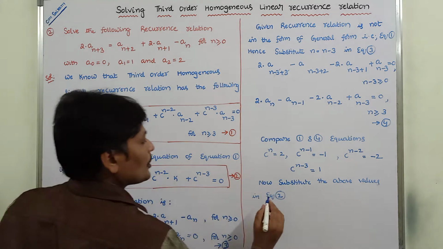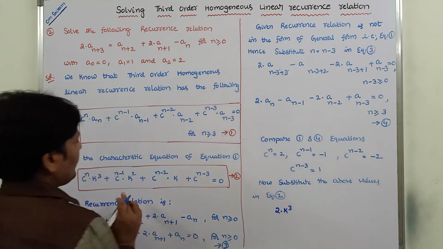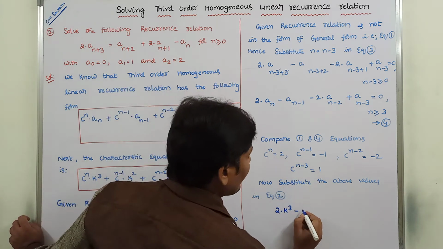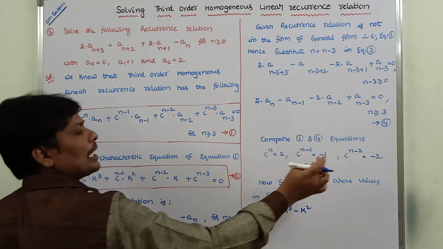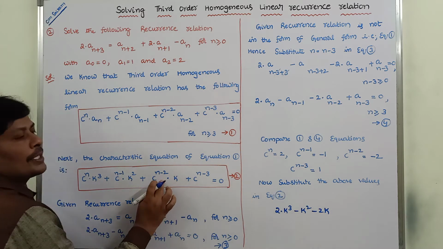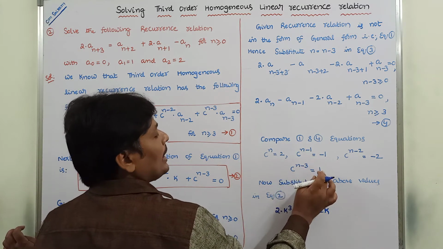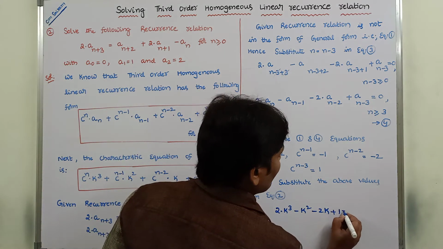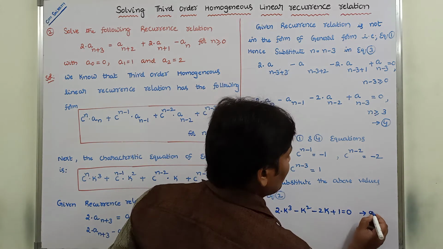That is 2. So therefore 2 into k cube. Next one, c power n minus 1 value is minus 1. So therefore minus k square. Next, c power n minus 2 value is minus 2. So then minus 2 is substituted in this equation. Then we are getting minus 2k. Next one, c power n minus 3 value is 1. It is substituted, plus 1 is equal to 0. Okay. So now this is equation 5.